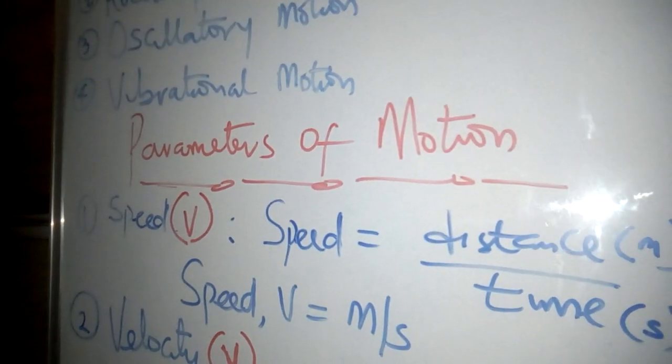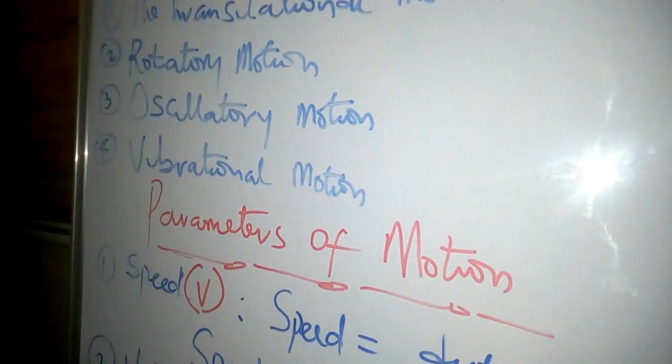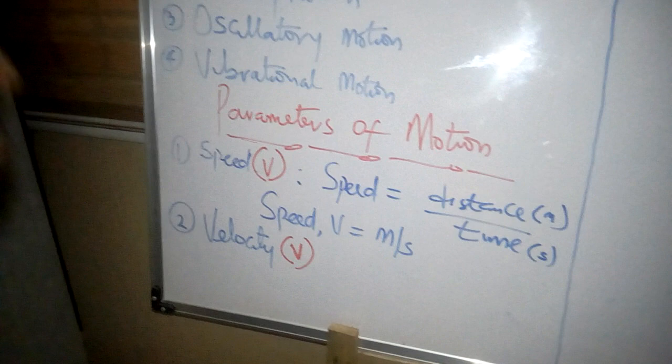What is velocity? Velocity is described as the rate of change of distance with time in a specified direction. That is what velocity is all about.